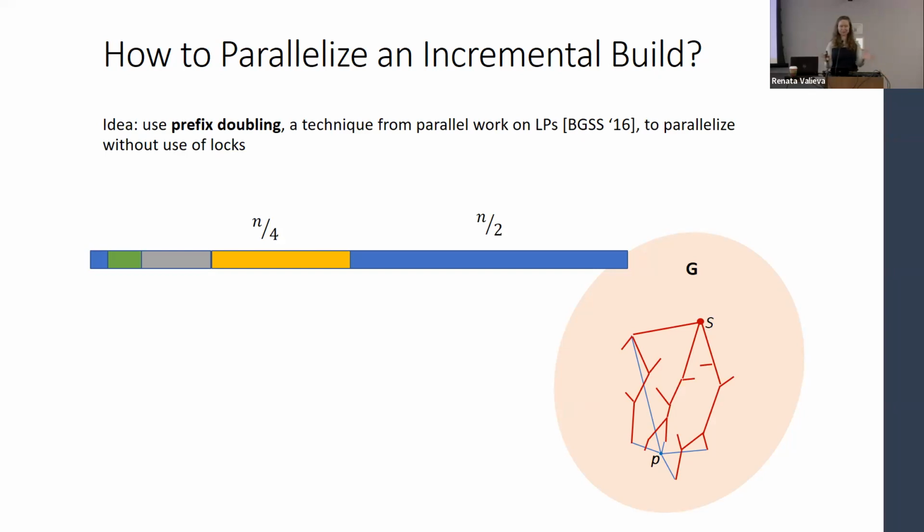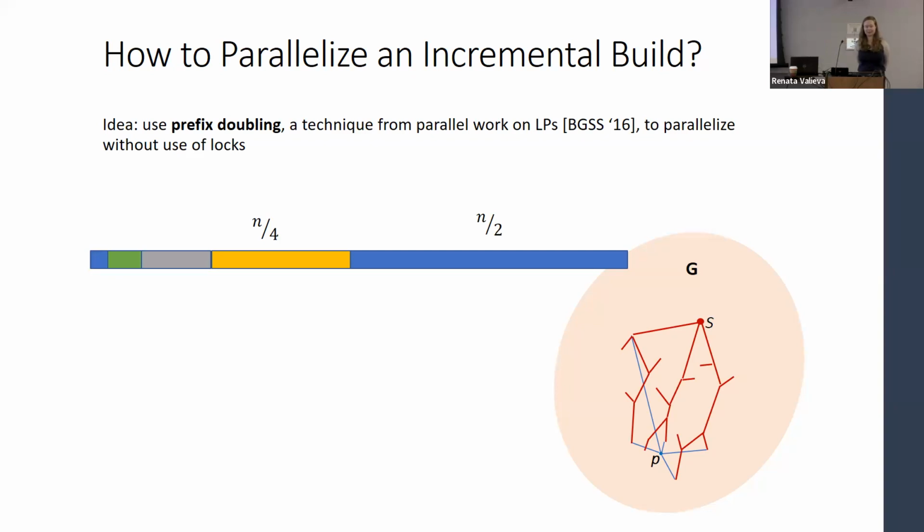They throw all of the insertions into some sort of parallel for loop, and they just let it go hog wild, and they use per-point locks on all of the vertices to make sure that two threads don't try to write to a vertex at the same time, or try to read a vertex that's already being written to. So just totally non-deterministic, hog wild. We don't want to do this.